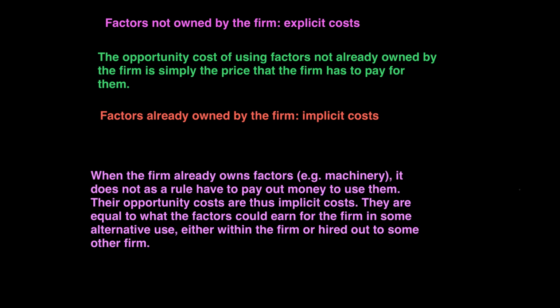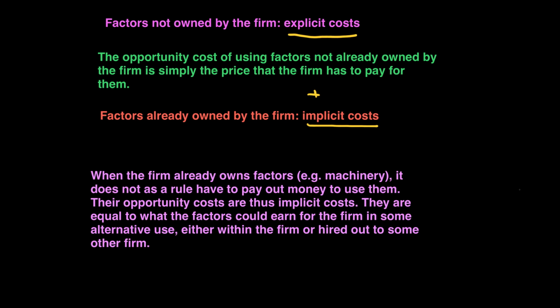So from an accounting perspective, only explicit cost is considered. From an economic perspective, both explicit cost plus implicit cost is considered, and that's what we call an economic cost.